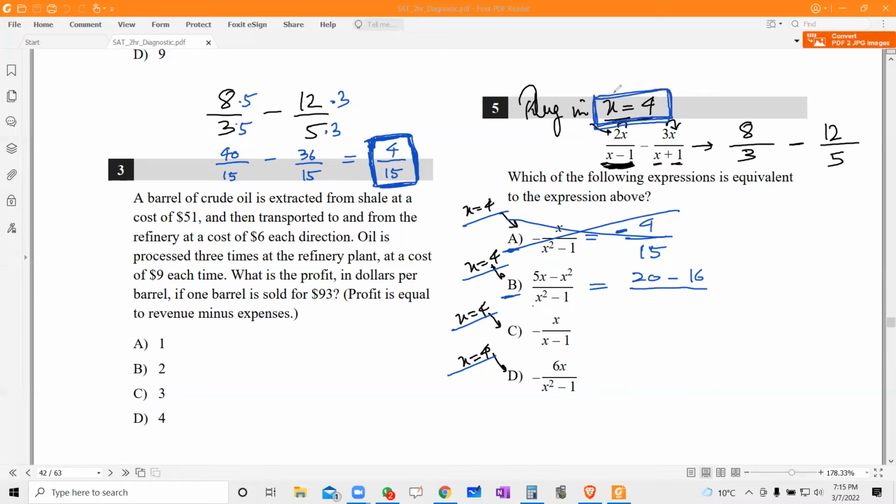That's 16 minus 1, 15. So it's 4 over 15, and that is the option B answer.